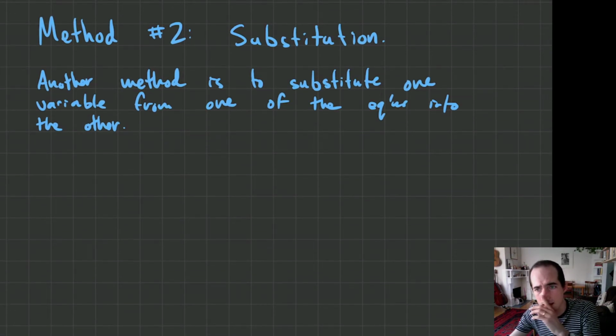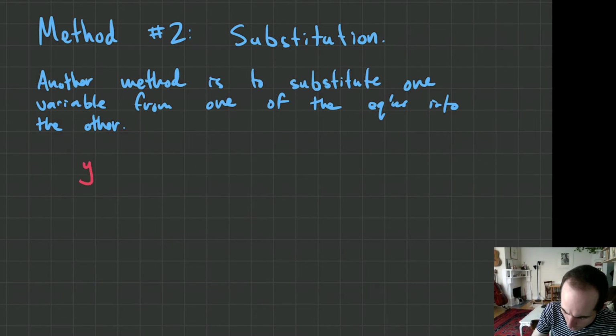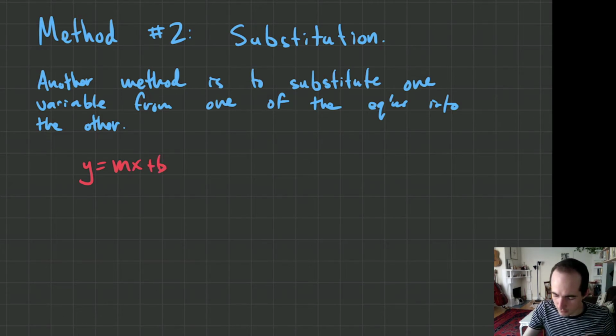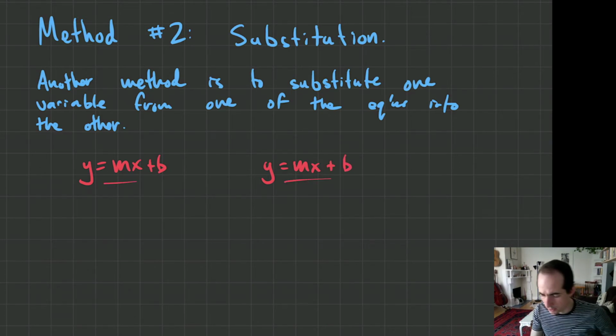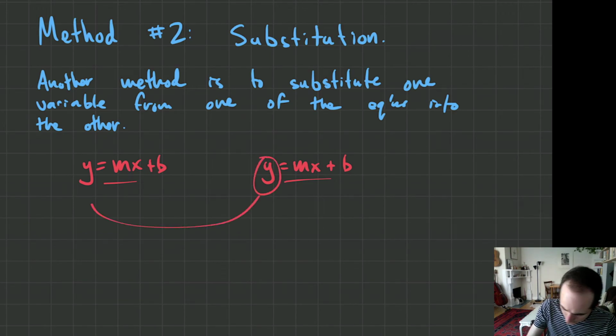This is really straightforward when you have your equation in the form y equals mx plus b. If both of the equations are in the form y equals mx plus b, like if this is equation 1 and this is equation 2, all you have to do is take this y and put it into that y.